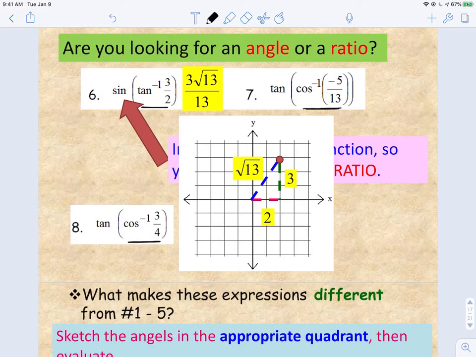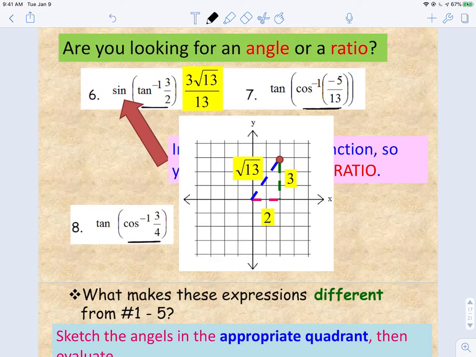We know that tangent is y over x, so the 3 is the opposite side, your y, and the 2 is your adjacent side, your x. And we don't know our hypotenuse.